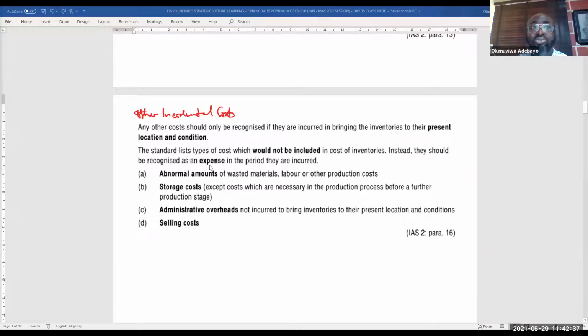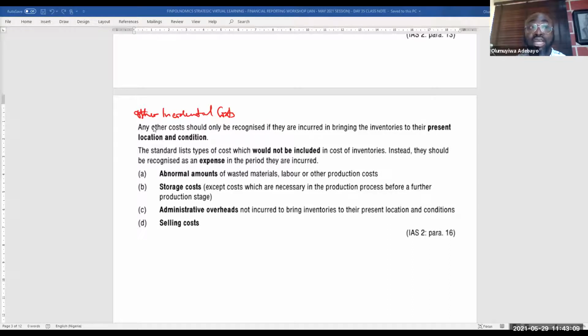And incidental cost will include abnormal amount of wastages of labor, abnormal to a certain extent, not abnormal in its entirety, storage costs, except costs which are necessary in the production process before a further production, and it includes administrative overhead not incurred to bring the inventory to its present location. Therefore, the standard lists the types of cost which will not be included in cost of inventory.